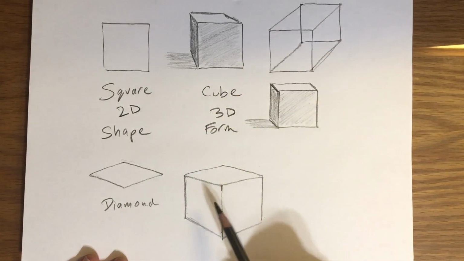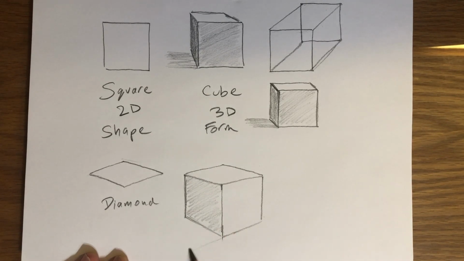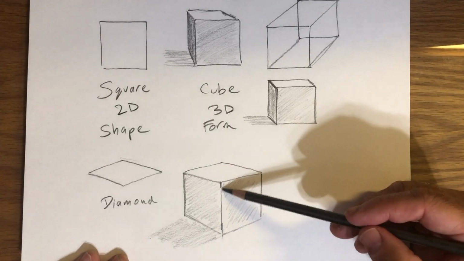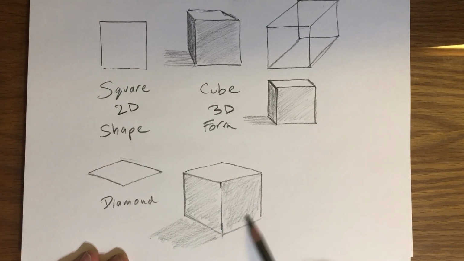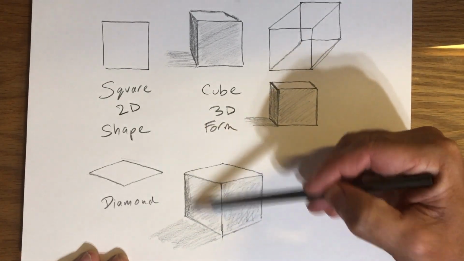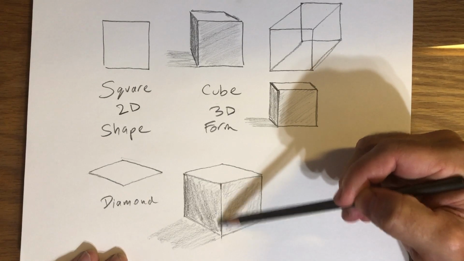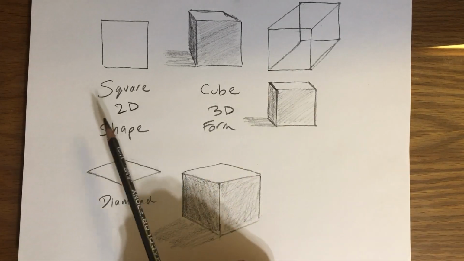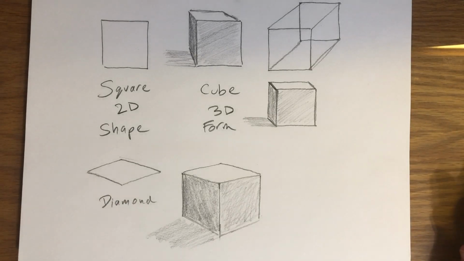So light coming from over here, shadow will be on this side, and if you want to give it just a tiny bit more realism, tiny bit, darken this side a little more than the other one. Okay. 2-dimensional shape, 3-dimensional form.